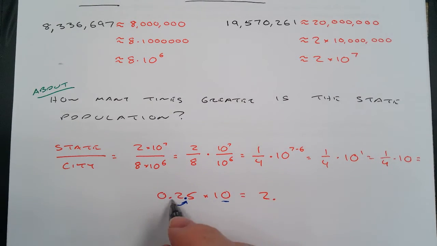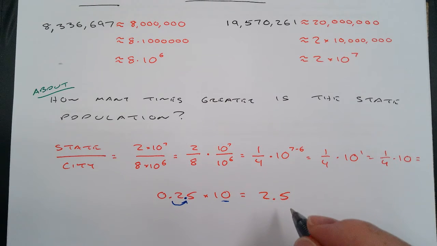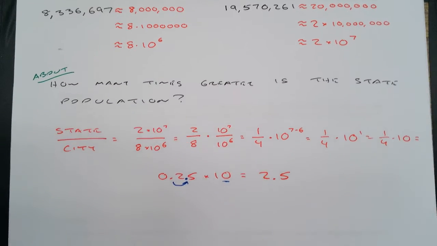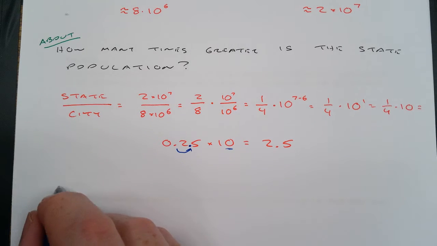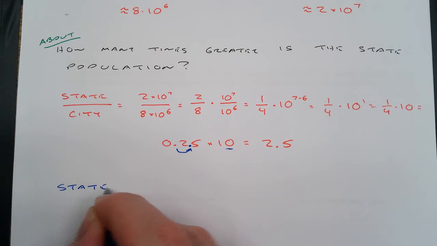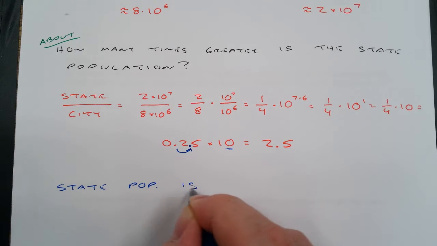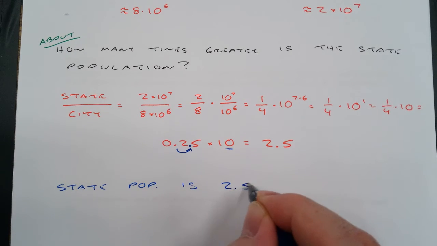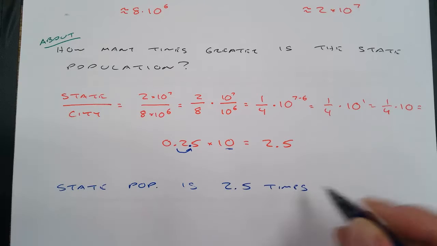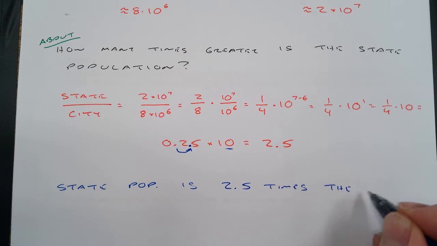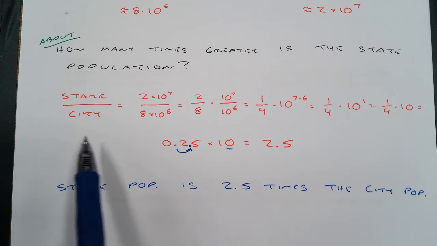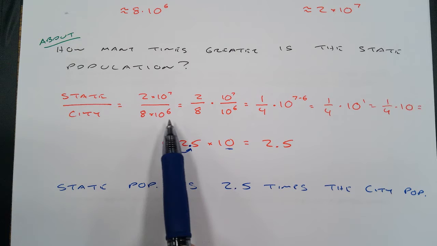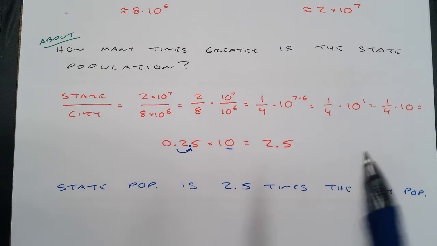So the answer, 0.25 times 10, is 2.5, which tells me that the state population is 2.5 times the city population. And all of that is fraction math with exponents, just dividing with exponents.